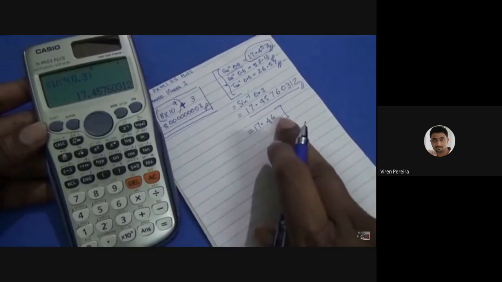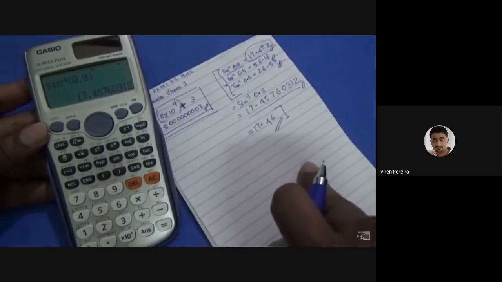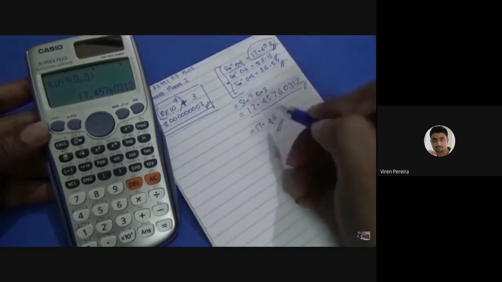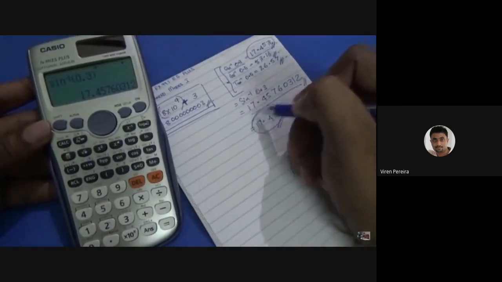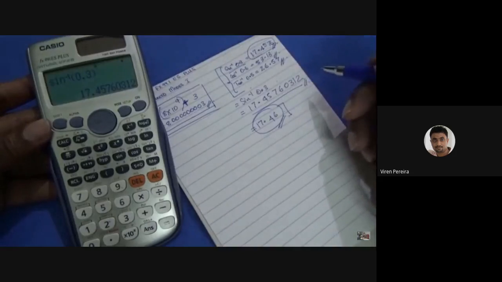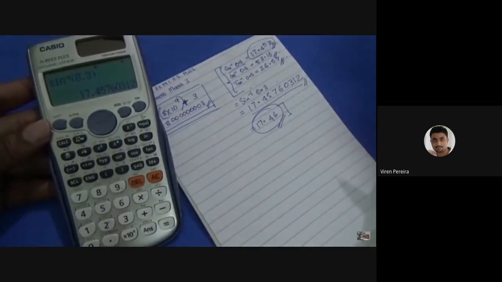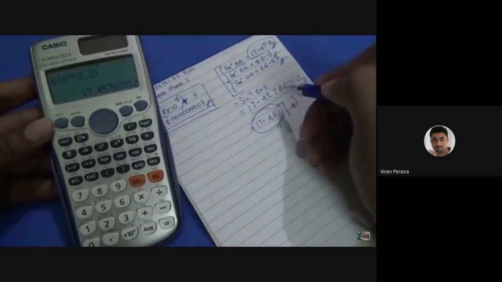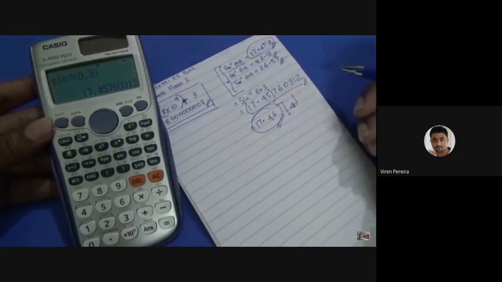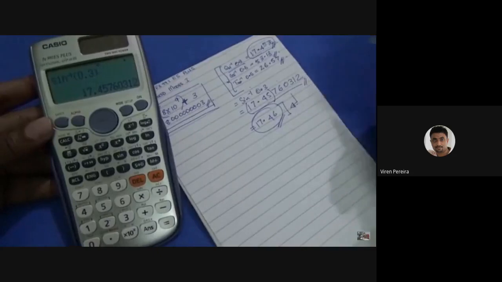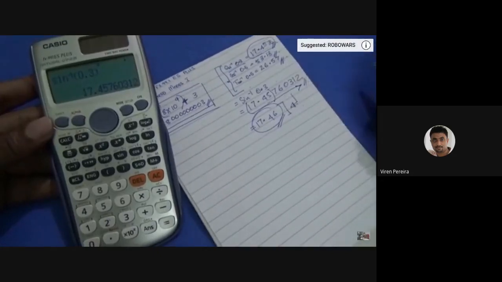I'll keep it up to 2 decimal places, and this is the value which I require, because this makes the value too big. As far as all engineering studies go, the minimum decimal places you can keep is up to 2 decimal places. You can even go for more, but it makes no sense.